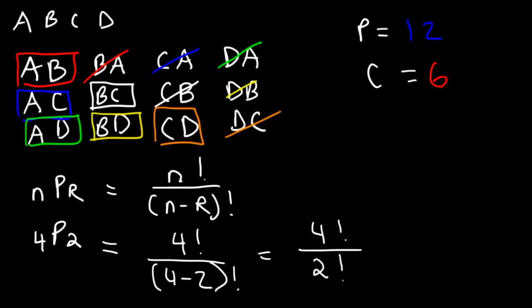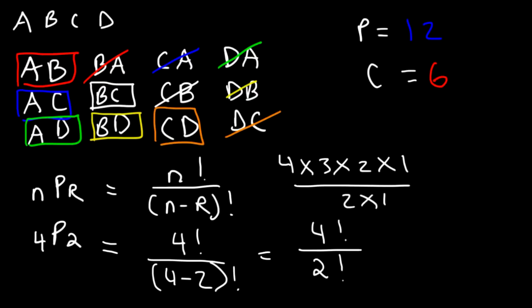What exactly is 4 factorial? 4 factorial is 4 times 3 times 2 times 1. You start with this number and multiply 4 by every integer all the way to 1. 2 factorial is simply 2 times 1. So we can cancel 2 times 1, and we're left with 4 times 3, and we know that 4 times 3 is equal to 12, which is what we have here.